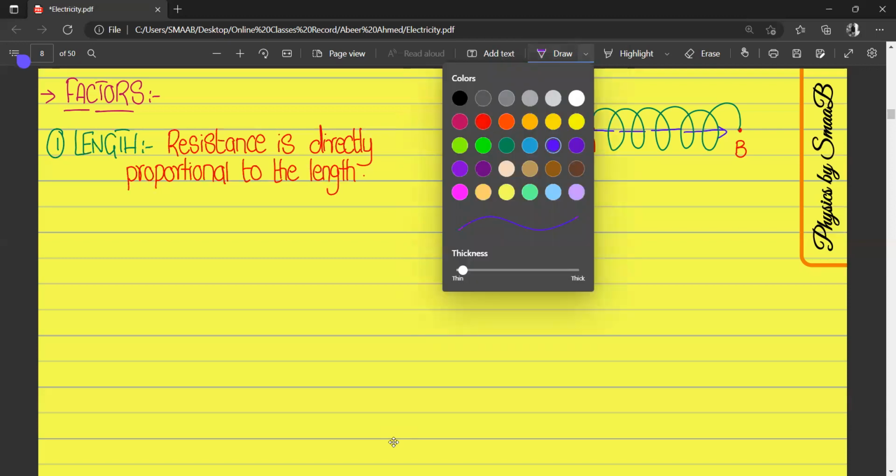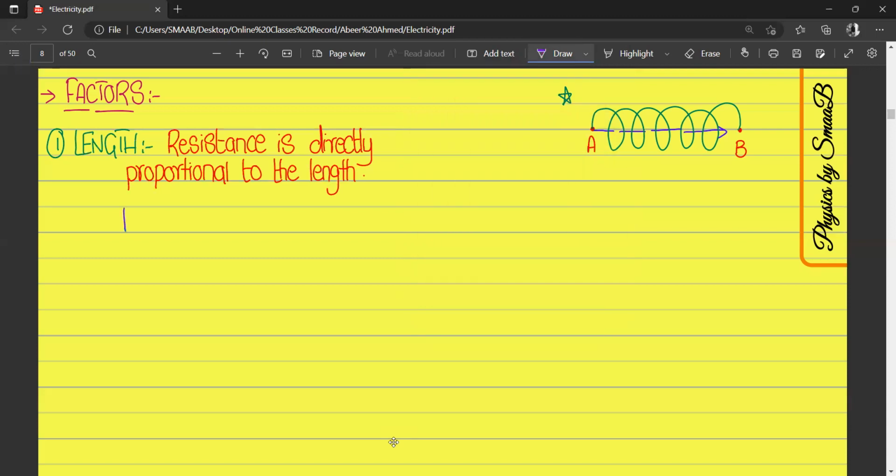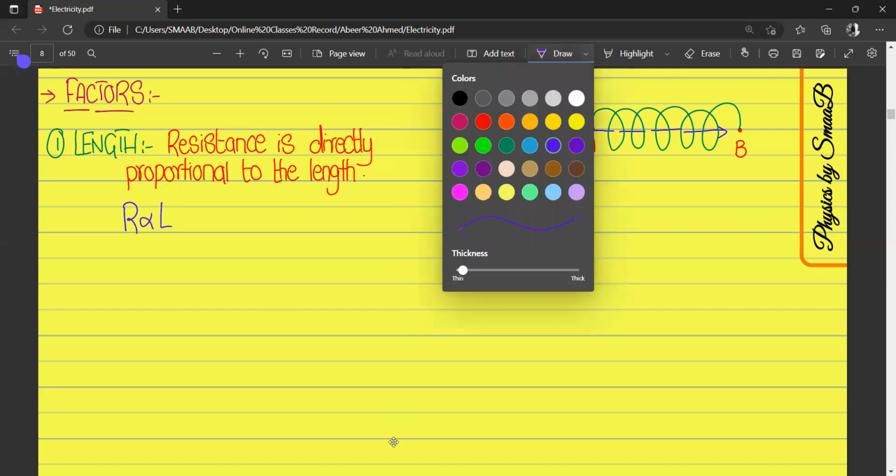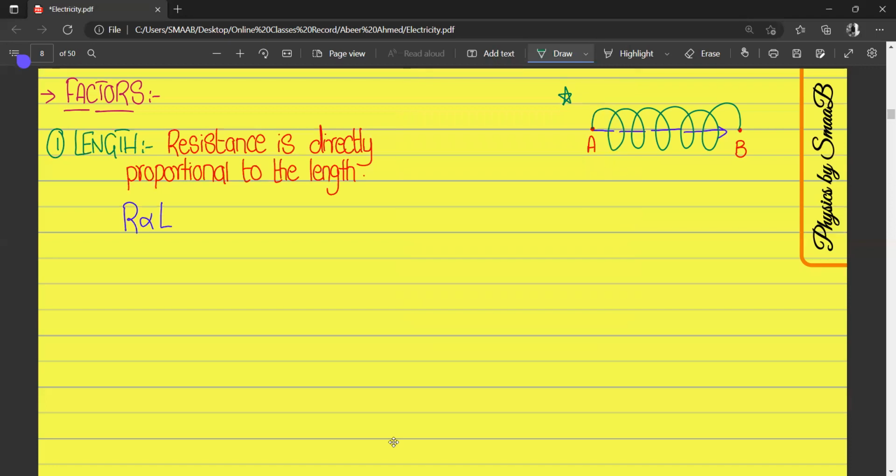And the relation between these two quantities is R is directly proportional to length, right?